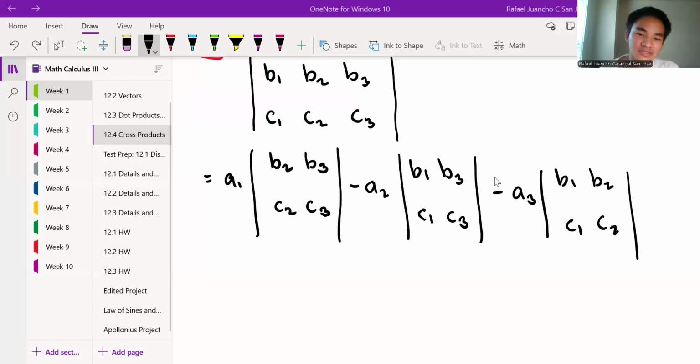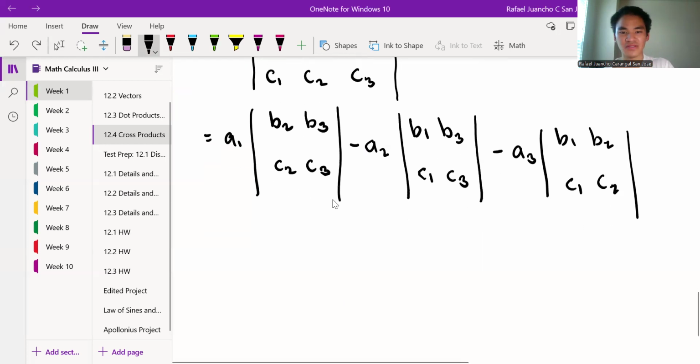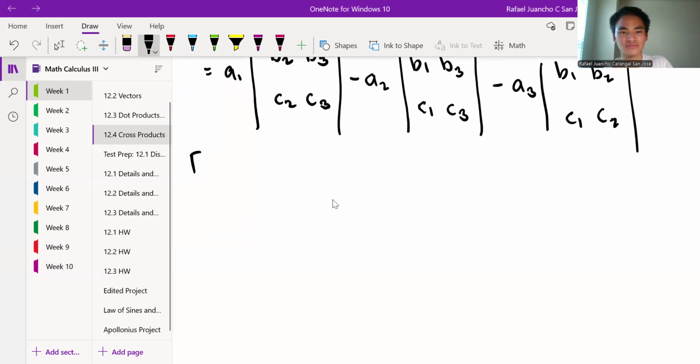We call these determinants. And A is multiplied by the second order determinant obtained from the left side by deleting the row and column in which A appears. So what we did a while ago. And we notice also the minus sign in the second term.